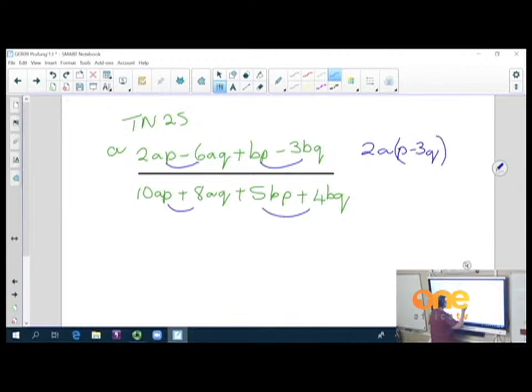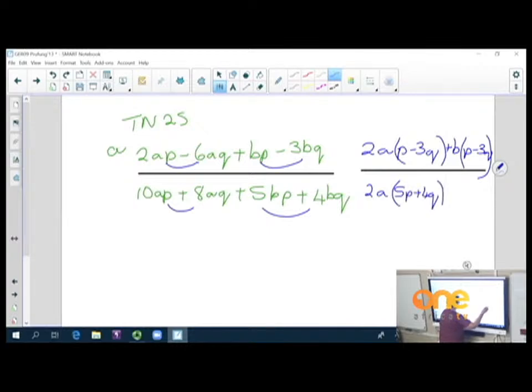If I group here, then I can take out the b, and then there remains p minus 3q. Here, if I group this 2, then I can take out 2a, and then there remains 5p plus 4q. And here, I can take out b, and then there remains 5p plus 4q.